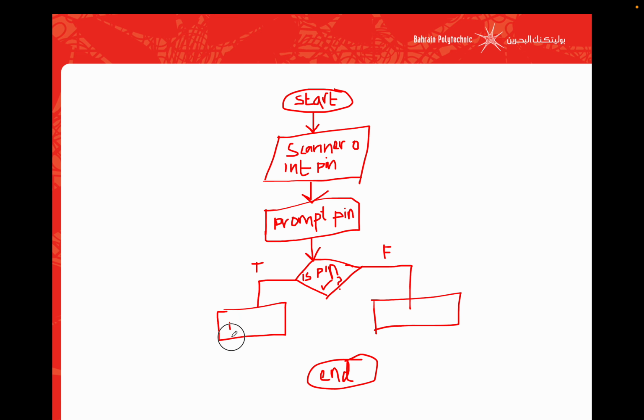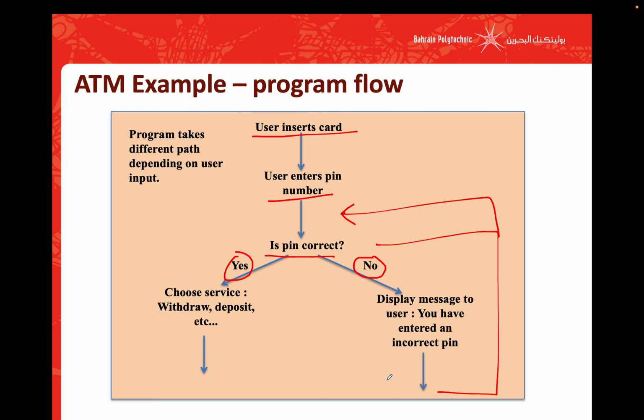So let's say you show the menu if the PIN was correct, so the user can proceed. And if it was false, you print some error, and maybe in some cases allow them to try again, but here we'll just end after the error. And then finally you connect it to the end.